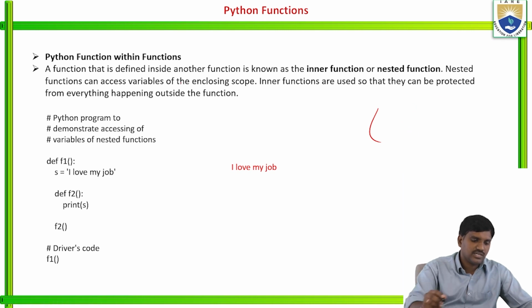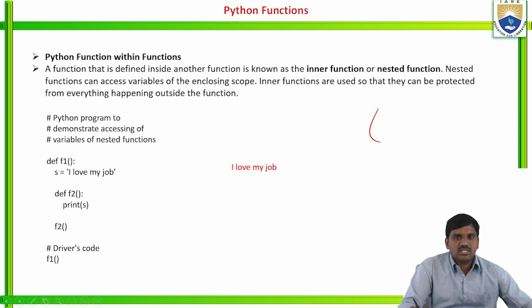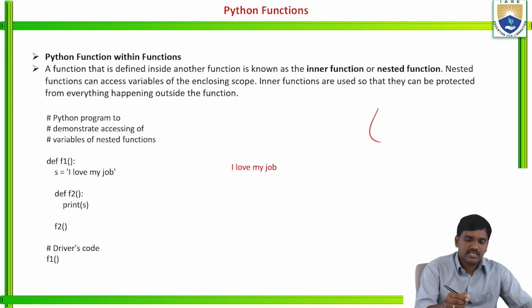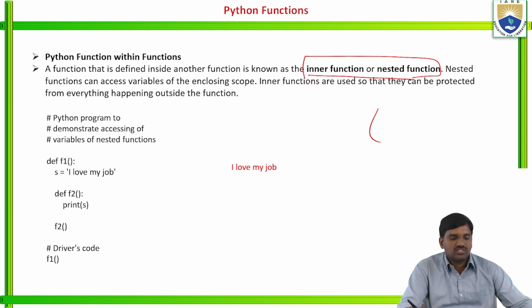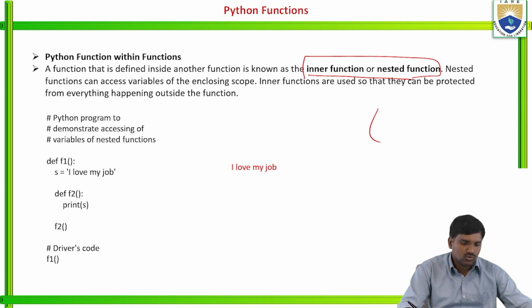A function defined inside another function is known as an inner function or nested function. Nested functions can access variables of the enclosing scope. Inner functions are used so that they can be protected from everything happening outside of the function.